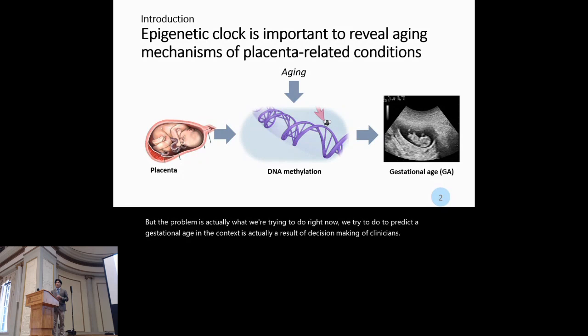Usually we collect the samples because the pregnancy was terminated due to medical conditions, not because we arbitrarily sample the placenta. Perhaps except for chorionic villus sampling, but even for CVS, there's some medical indication. So it's not really random.